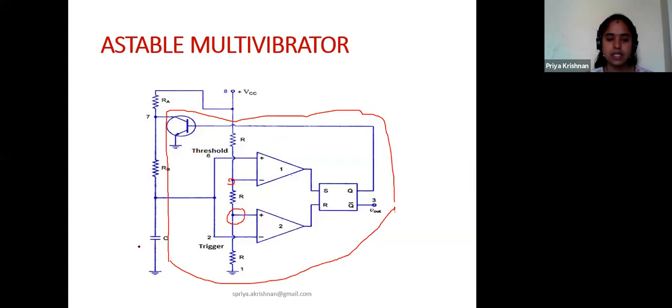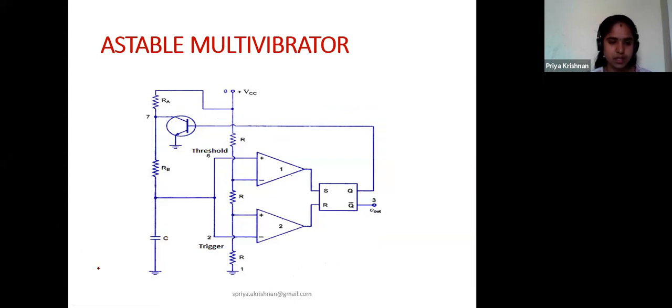Whenever my capacitor charge increases to 2 by 3 VCC, this comparator goes on. Whenever my capacitor discharges and comes to 1 by 3 VCC, this comparator goes on. Is it clear?